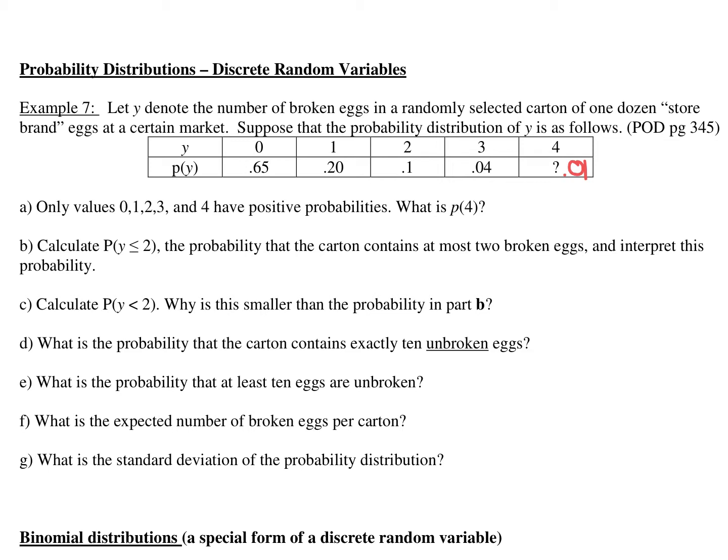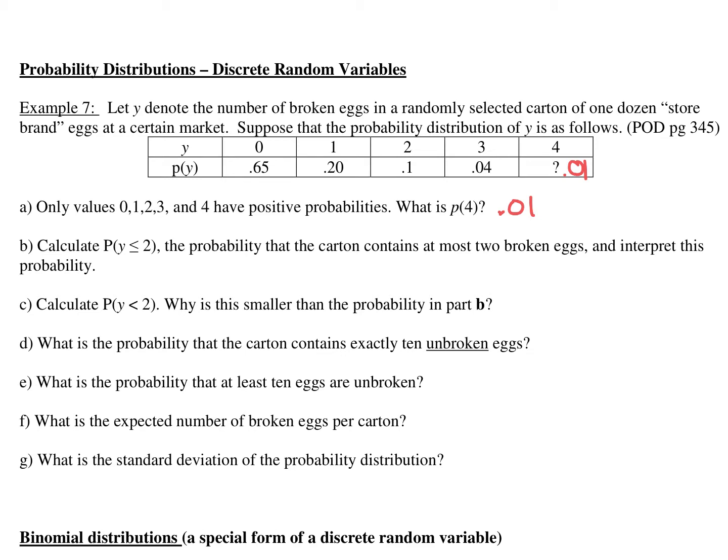And then I'm going to start answering my questions. The first one is, what's the probability of getting a 4? We just answered that. That would be 0.01. Next, we're told to calculate the probability that y is less than or equal to 2. This means the probability that the carton contains at most 2 broken eggs, and then we're to interpret that probability.